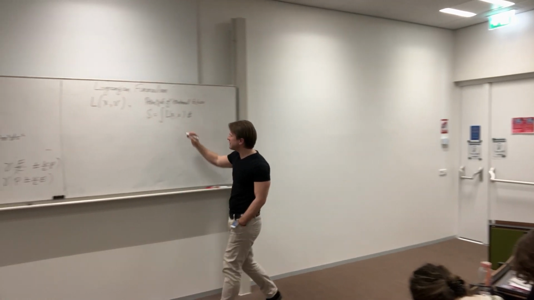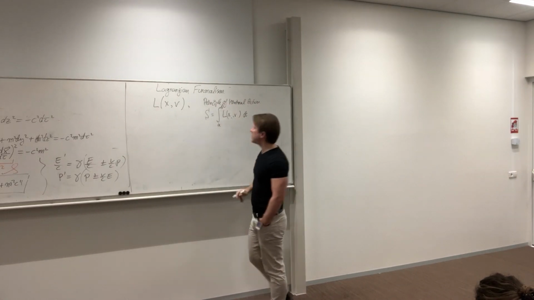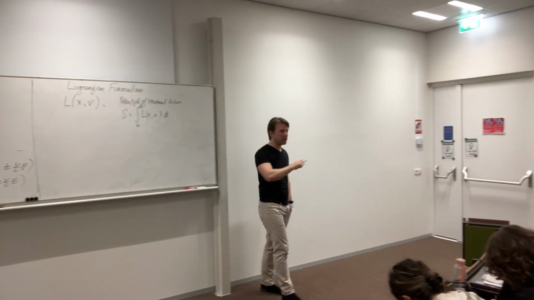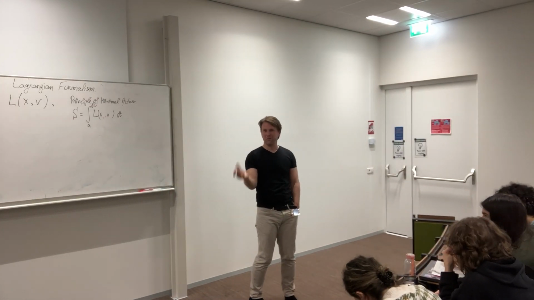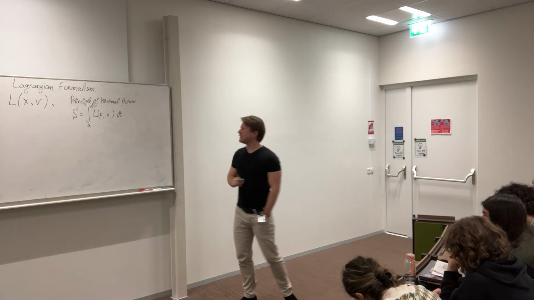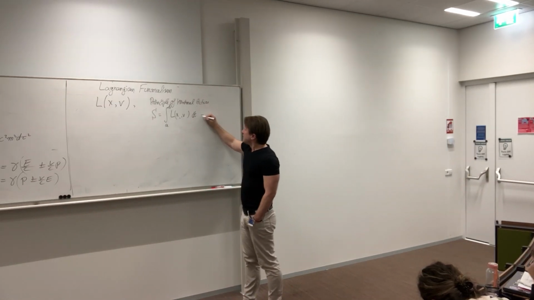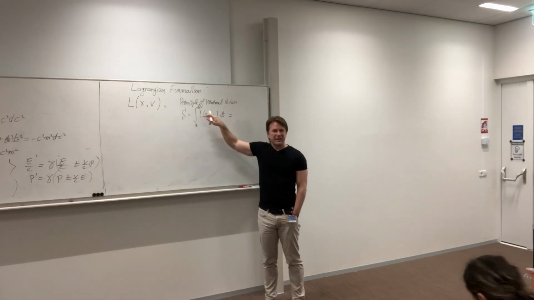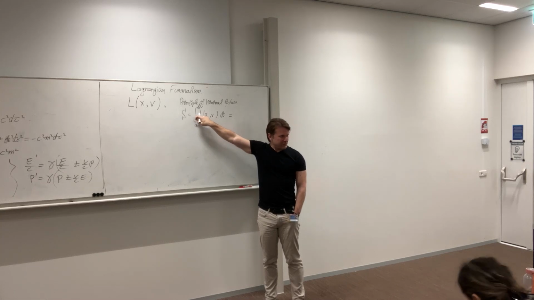If it is a definite integral from a to b, some number will come out. That's what integrals do. They turn functions into numbers. That number is what we call the action, called S.